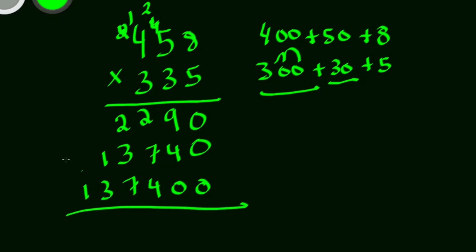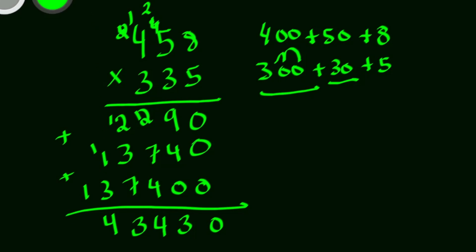Now I add all of these up. 0 plus 0 plus 0, 0. 9 plus 4, 13. Carry over the 1. 1 plus 2 plus 7 is 10, plus 4, 14. Carry over the 1. 1 plus 2 is 3, plus 3 is 6, plus 7, 13. Carry over the 1.